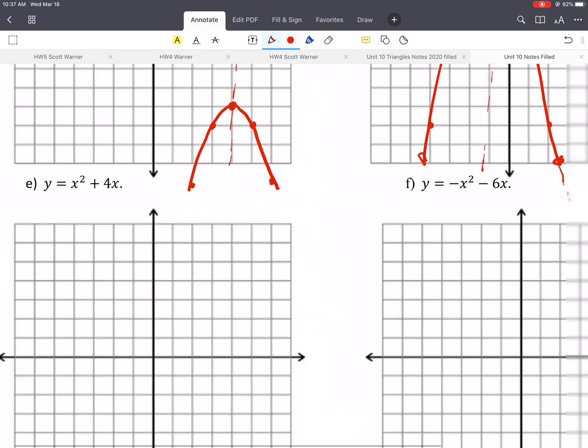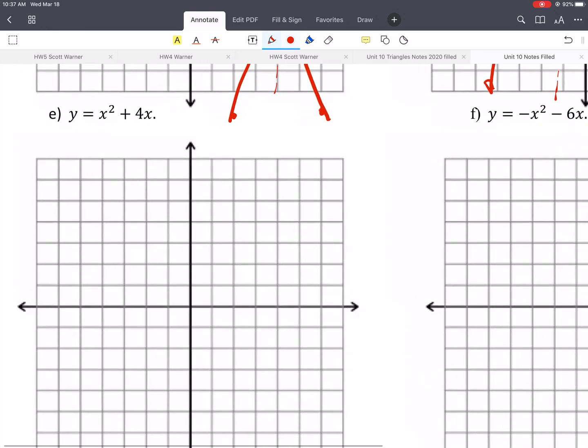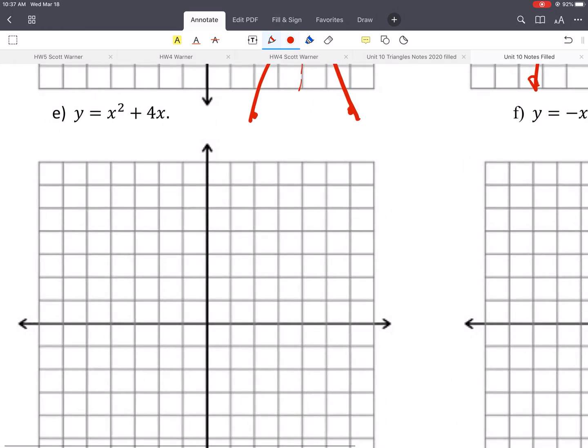All right. Here's just some other examples. Here's an example where c is 0, so you could do plus 0, but usually we don't carry the zeros. So we have our y-intercept right here, straight away. But we're still going to want to find our axis of symmetry.